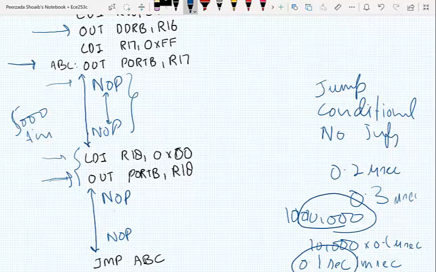We use a counter, a register, as we have discussed earlier. Then that counter is decremented and checked if we have reached 0 or not. If we have reached 0, we go out of the loop and execute the instruction after that. Let me try to do that.